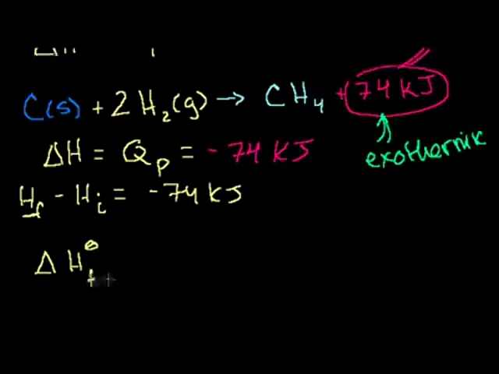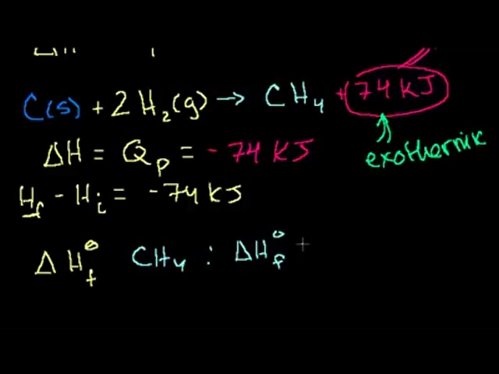And what that is is the change in enthalpy to get to some molecule from its elemental form. So for example, if we have methane there, and we want to figure out its heat of formation, we say, look, if we form methane from its elemental forms, what is the delta H of that reaction?